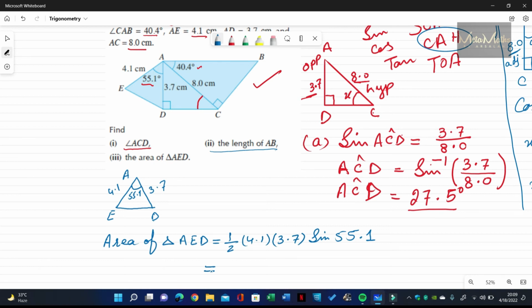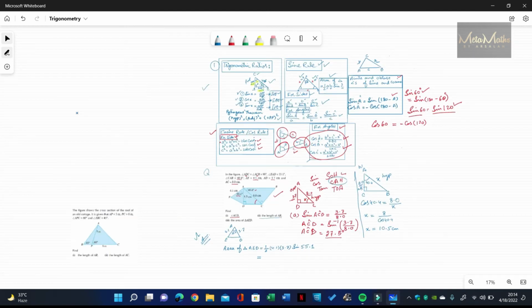I am using my calculator. In one video I'll explain the use of calculator as well, but I hope you are all familiar with it. Okay, so we are using calculator.